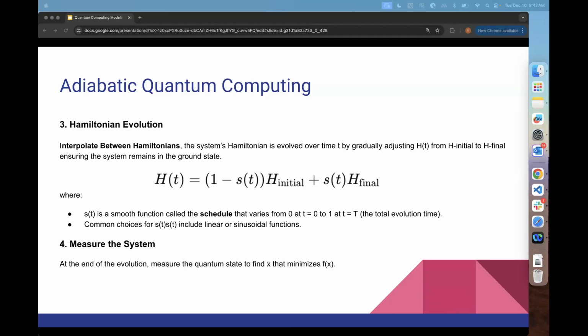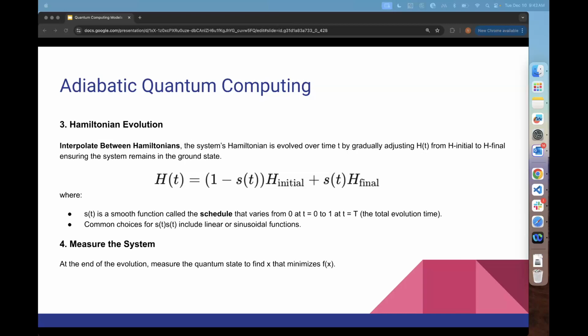This ensures that when H final is reached, by making small changes to H initial, the system naturally settles into the configuration that minimizes the cost function f of x.